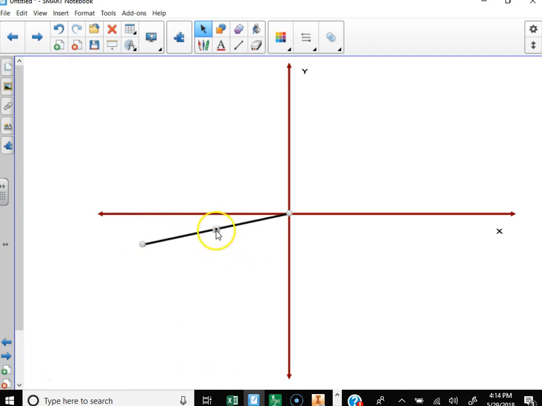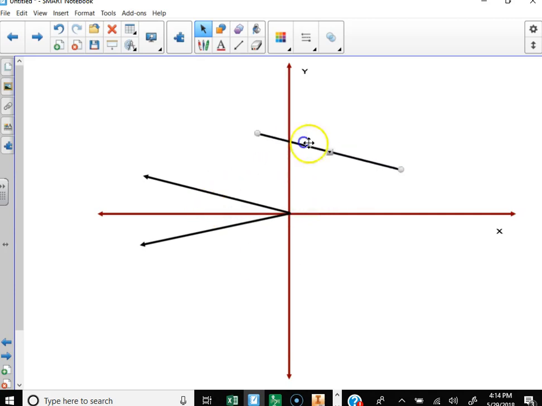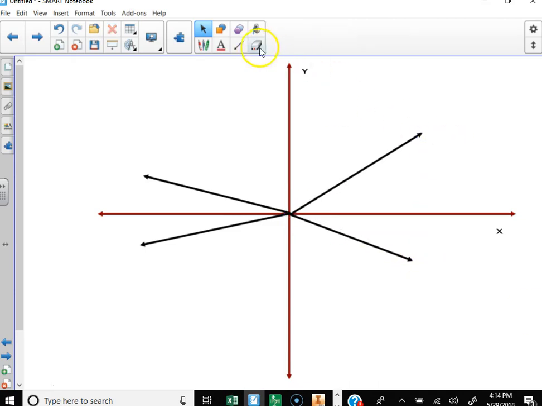In fact, let's put a couple of these in here real quick. This might be one angle. So this represents a handful of angles. I'm just making up some numbers here, but maybe that's 40 degrees.